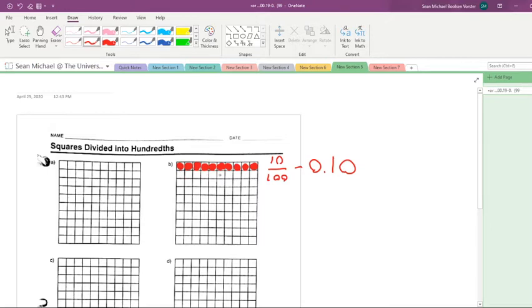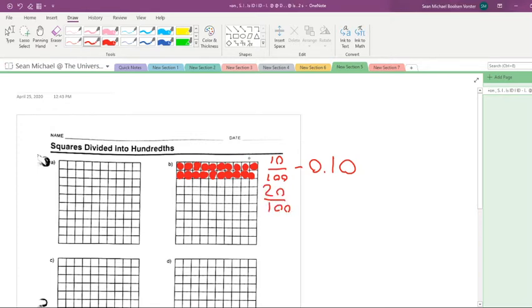Now, the reality here is that there's an equivalent fraction, which I talked about yesterday, but apparently I got ahead of myself. If you do something like this, this will be 20 over 100.